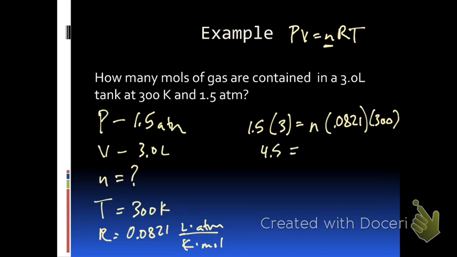And then 0.0821 times 300 is 24.63 times n. So 4.5 divided by 24.63. So n equals 0.183 moles. Okay.